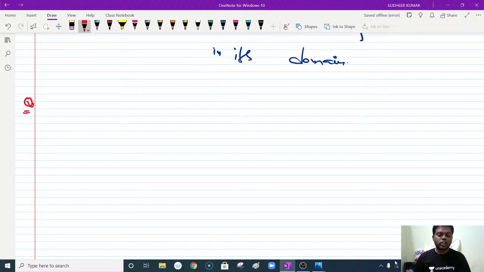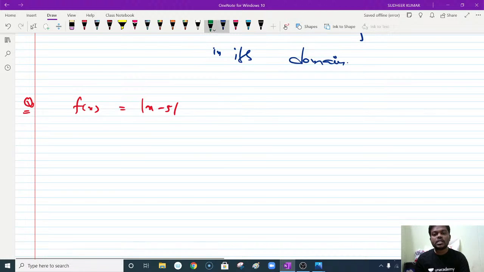Find the points of discontinuity of f of x equal to mod x minus 5, right. So the options are given. Option A, discontinuous at x equal to 5.